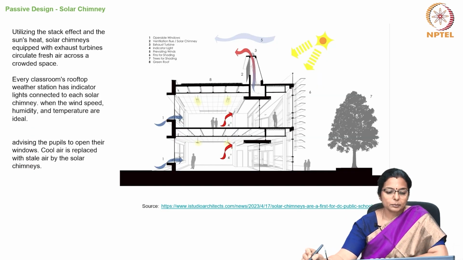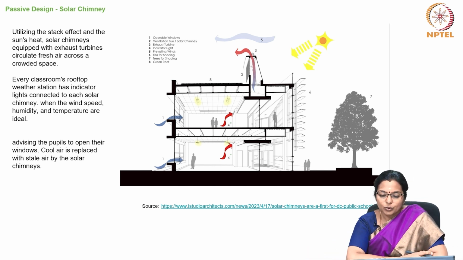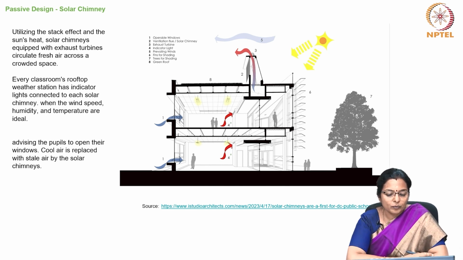So, utilizing the stack effect and the sun's heat, the solar chimney is equipped with exhaust turbines which circulate the fresh air across a crowded space.